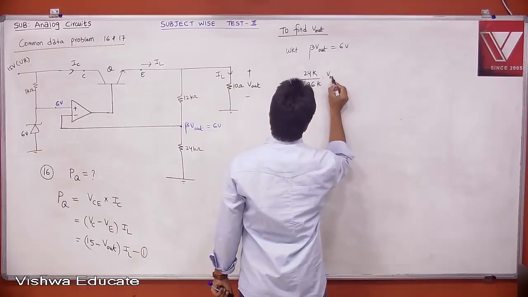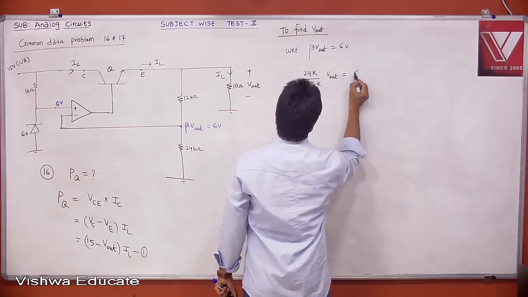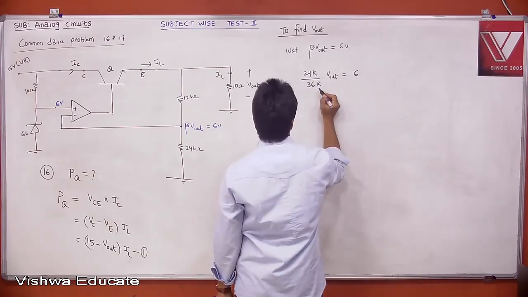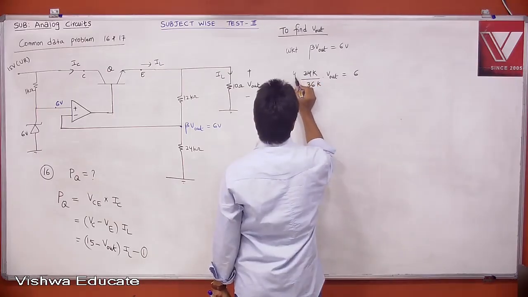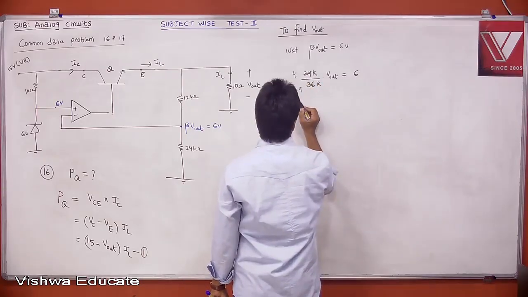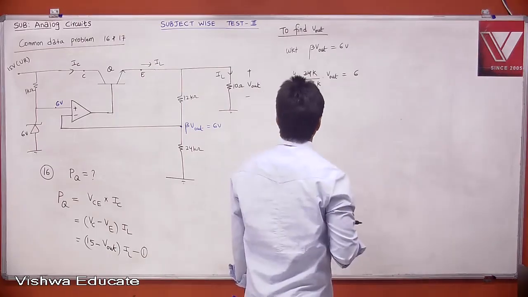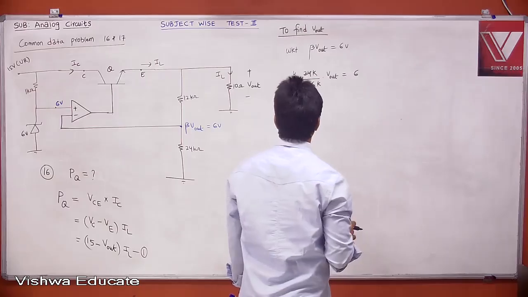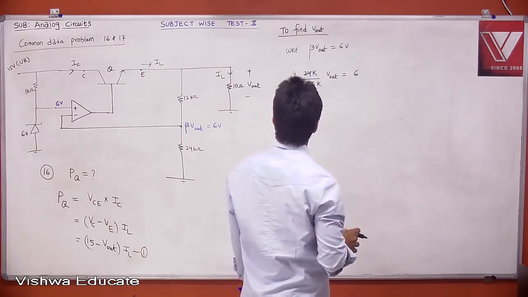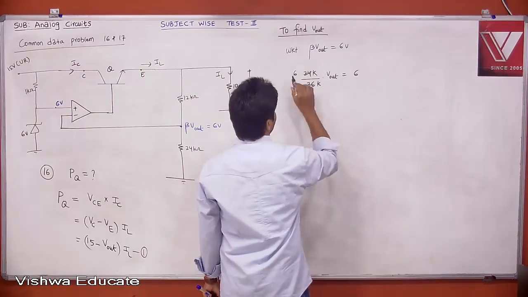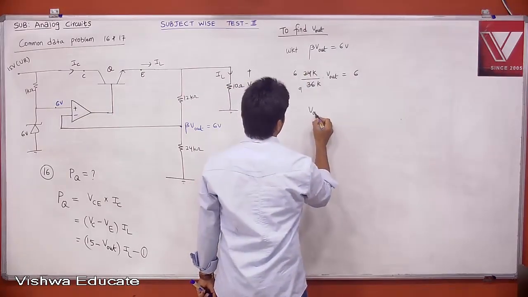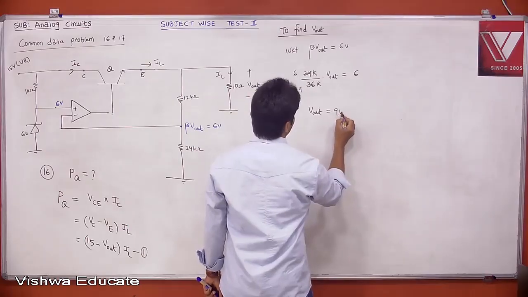So 24 by 36 into Vout is equal to 6. K will be cancelled. Then 4 6s are 24, 4 9s are 36. Then 6 and 6 will be cancelled. Therefore, Vout is equal to 9 volt.